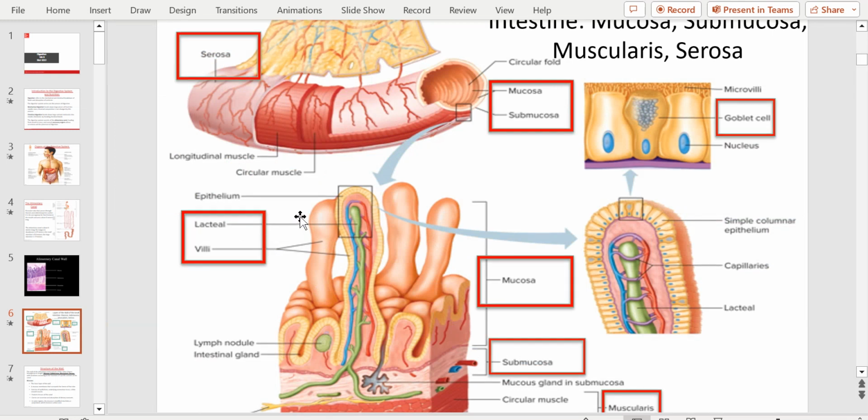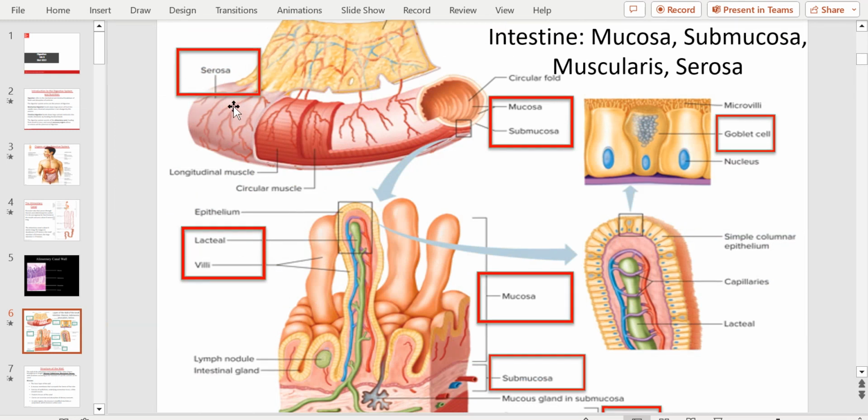There is your serosa layer, and in between the submucosa and the serosa, there's your muscularis layer: circular muscle and longitudinal muscle. You see they're going different ways, just for the whole idea of peristalsis.